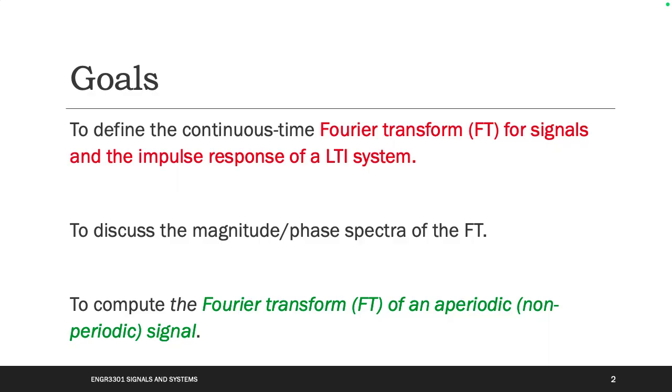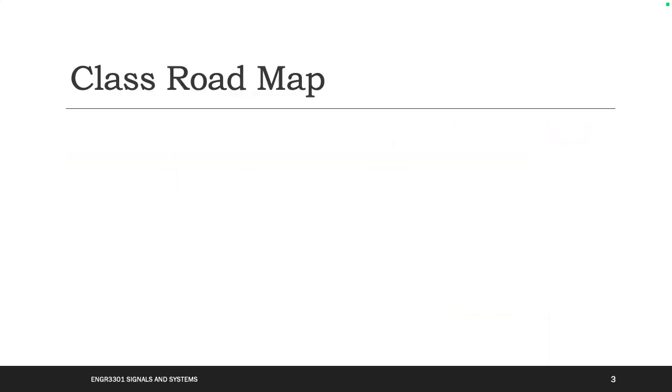Before we talk about the Fourier transform, let's talk about the class road map. Do you remember what we focused on at the beginning of this class? What's the name for chapter 1?